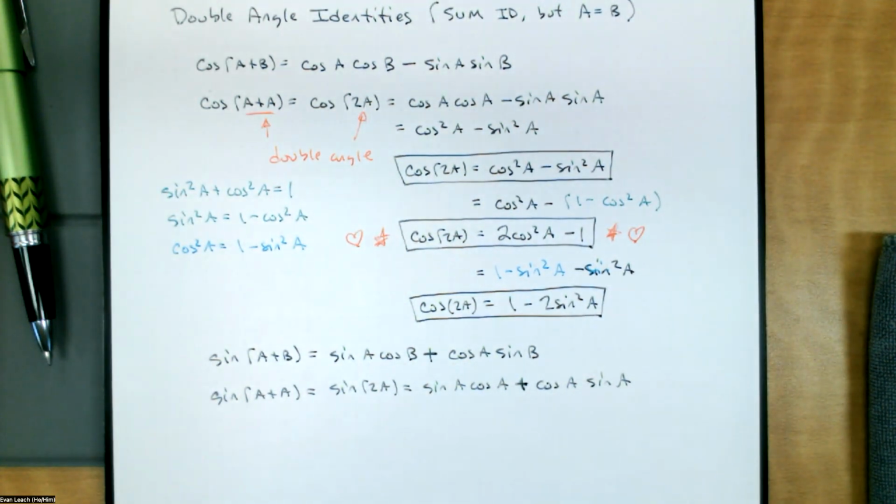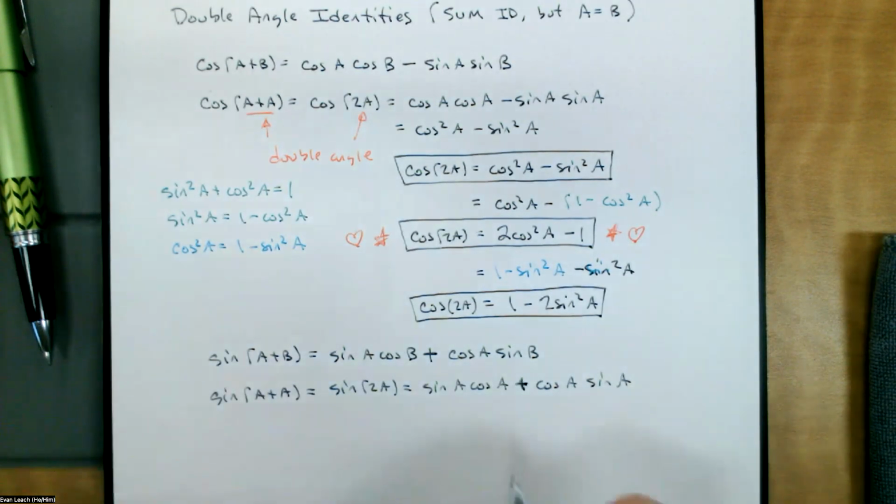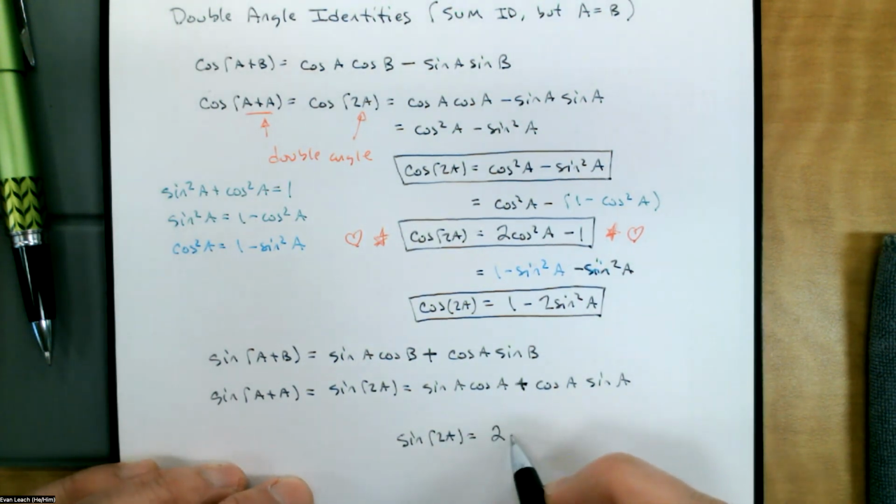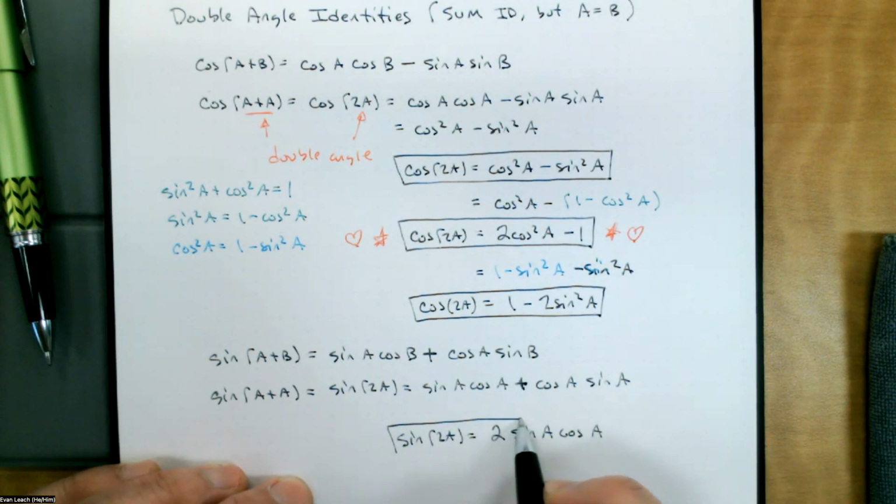And we notice that one of them is sine A cosine A. The second term is cosine A sine A. I've got 2 copies of the same thing. So I can write the sine of 2A is 2 times sine A cosine A. Here's the double angle identity for sine.